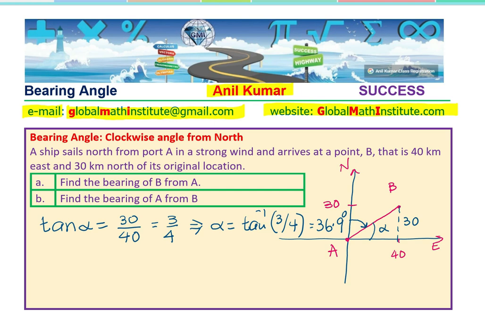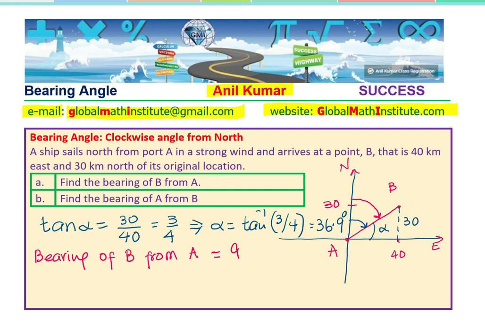So what is the bearing of B from A? Bearing of B from A is the angle from north measured clockwise, right? So from north, this is the angle, and that has to be 90 minus alpha.